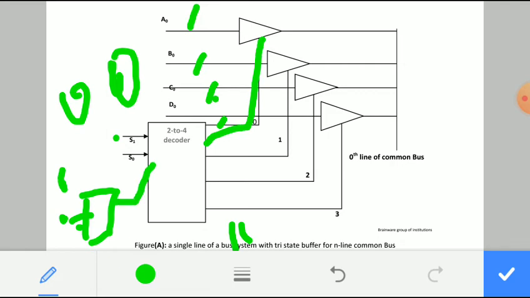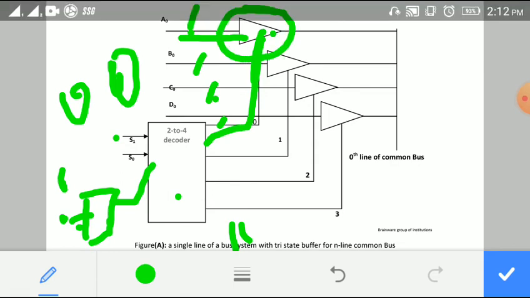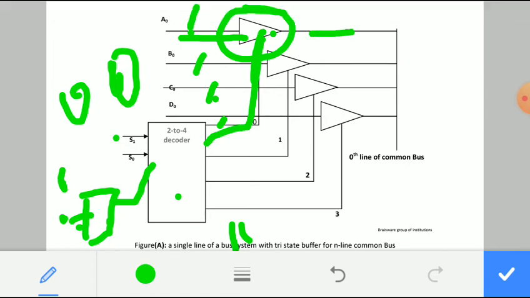Next, decoder 1, decoder 2, decoder 3, decoder 4, all the decoders are selecting their first pin, which means they can select A0. That means the tri-state buffer of the A0 pin will be active, and output y will forward the value of A0. Same as the output y of the next decoder, the input A1 will be forwarded to this output.